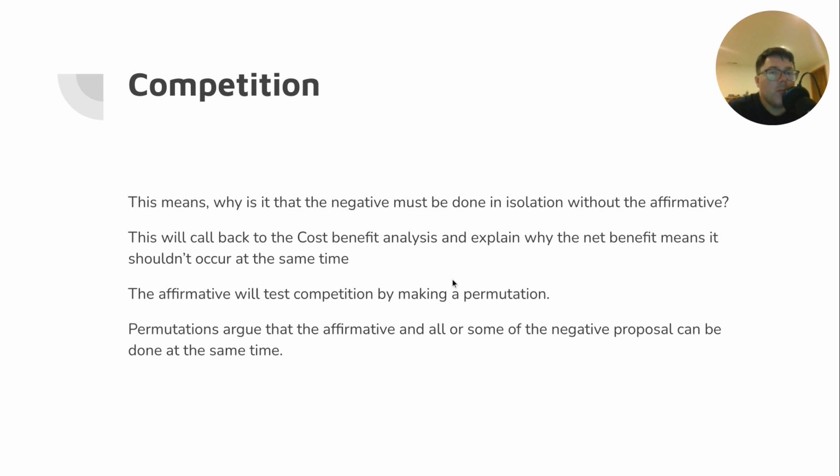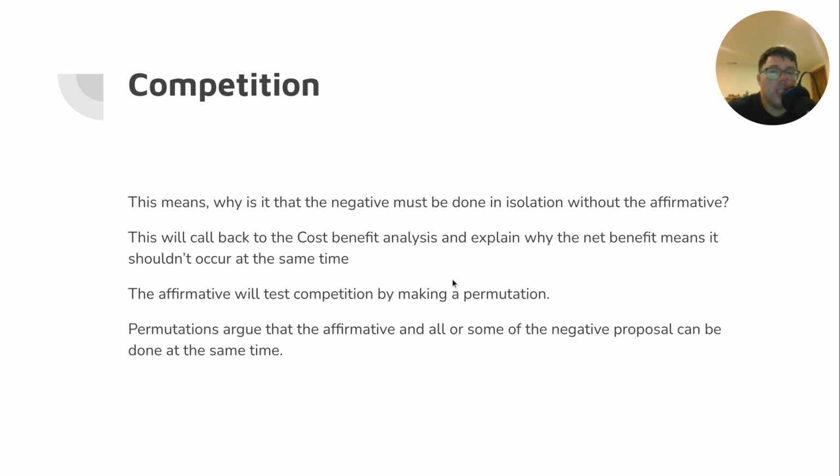The affirmative will test that logic by making what's called a permutation argument. A permutation will argue that the affirmative in its entirety, i.e. the entire 1AC plan text, and all or some of the negative can be done at the same time.